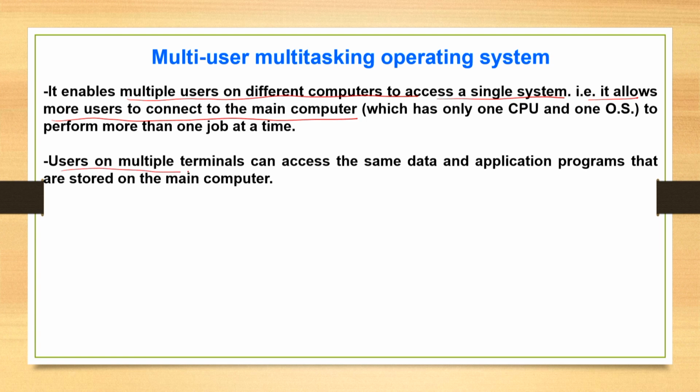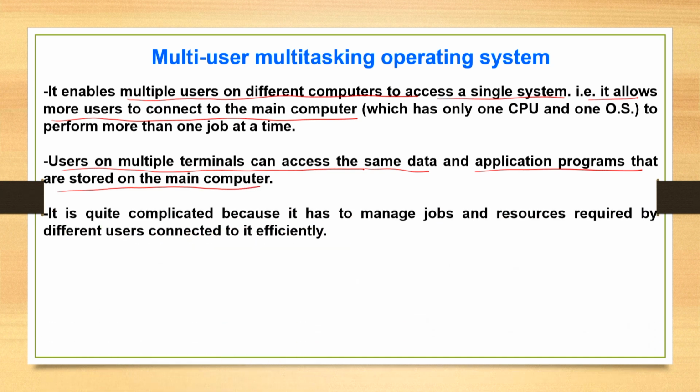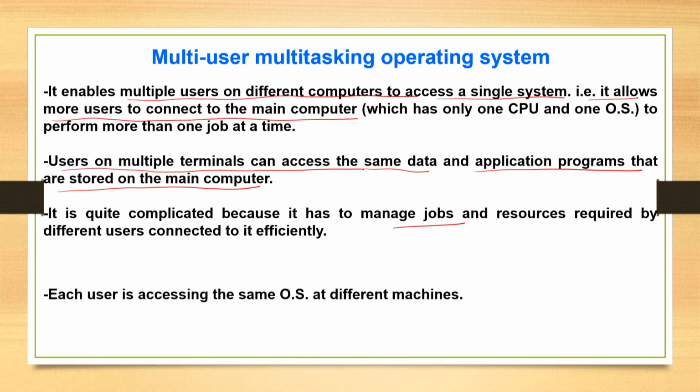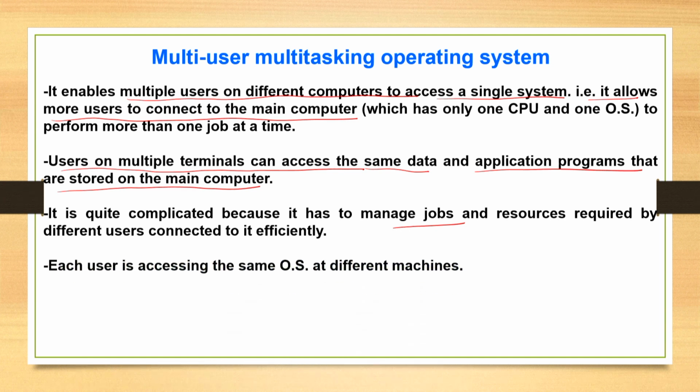Users on multiple terminals can access the same data and application programs that are stored on the main computer. It is quite complicated because here you have to manage the number of jobs and the resources required by the multiple users in an efficient way.